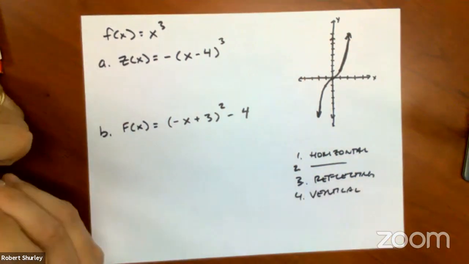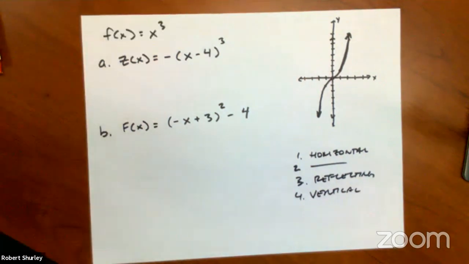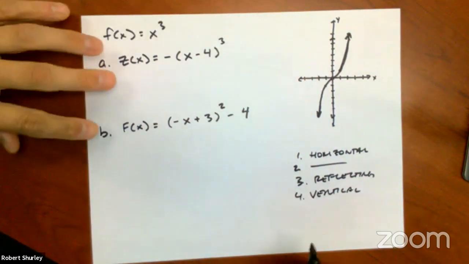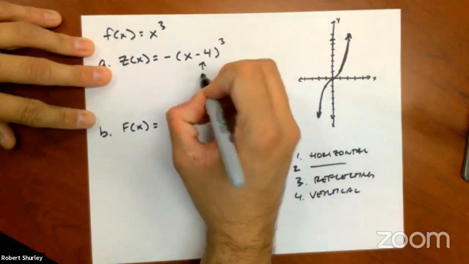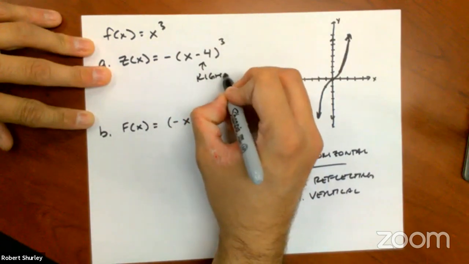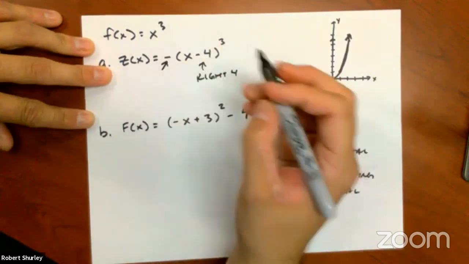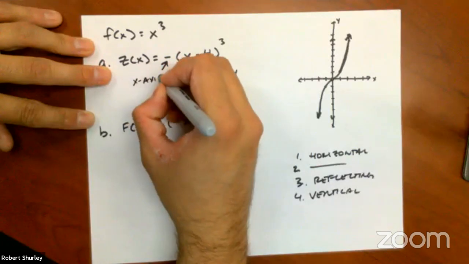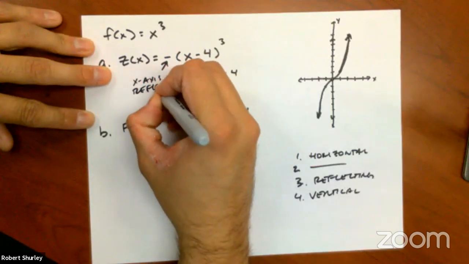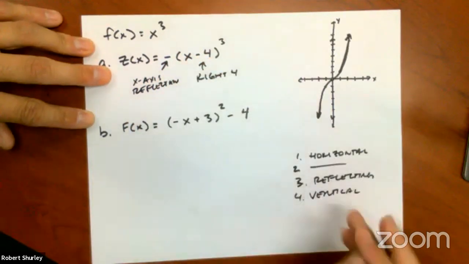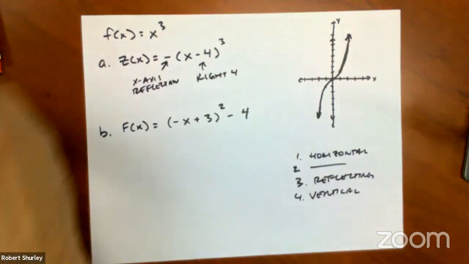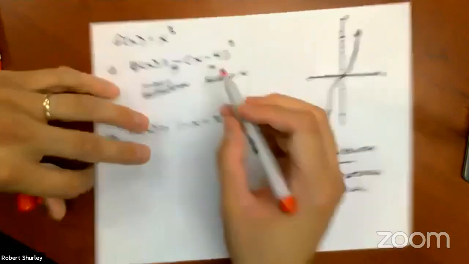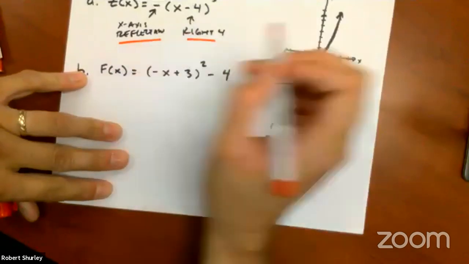So if we look at this first one, I think we only have horizontal and then reflecting. This is going to be to the right, and this is going to be an x-axis reflection. So I'll do this one in red. Go to the right 4 and then x-axis reflection.